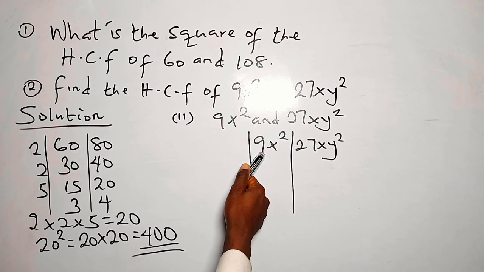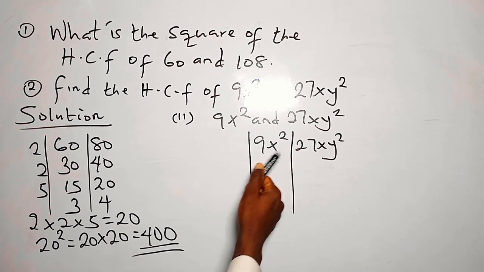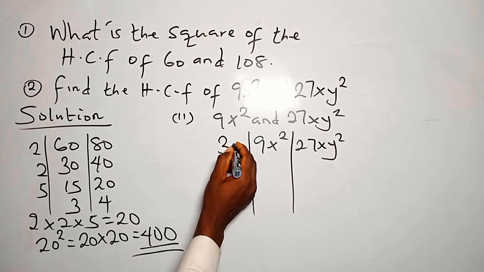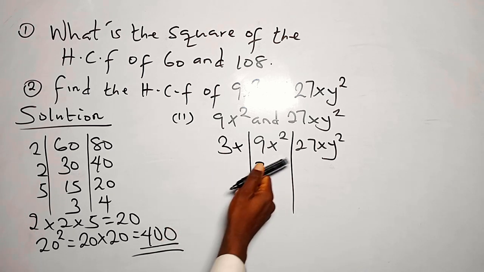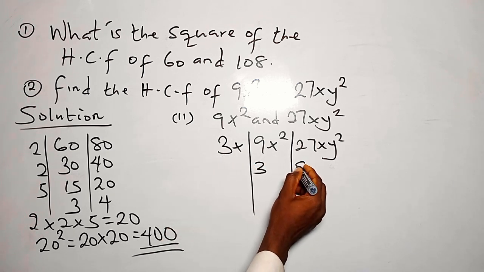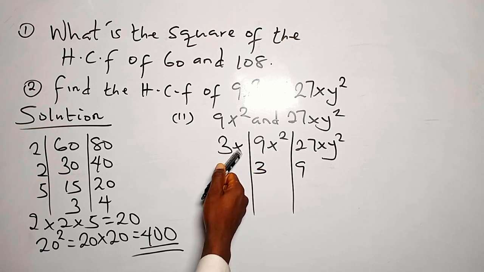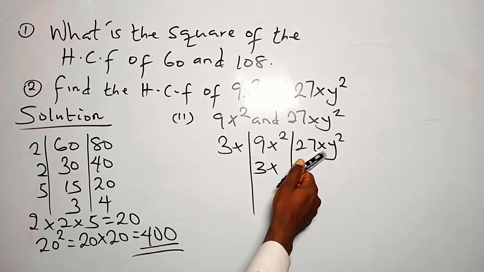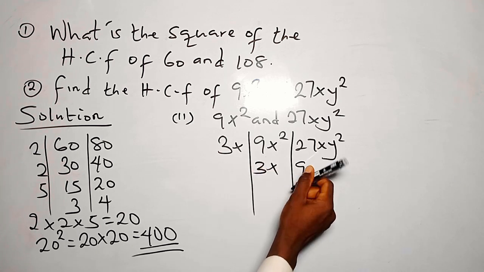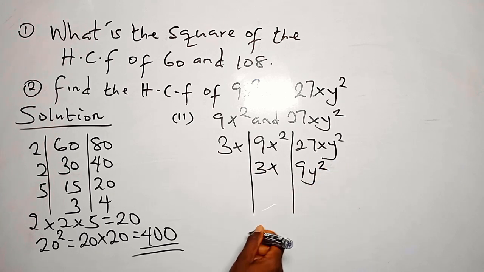We can divide 9 by 3. We can divide 27 by 3 too. So let's use 3x. So 9 divided by 3 is 3. 27 divided by 3, we have 9. And when we divide by x, we have just one x out of the two. So x is out. So we repeat y squared.